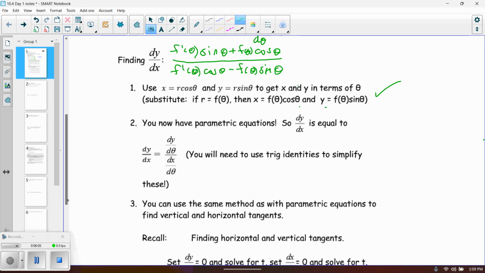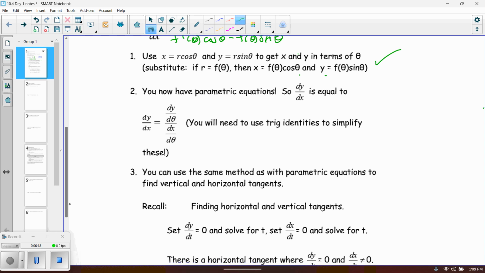It says in number 2, basically the same as parametrics. I've kind of already gone over that stuff. You can use the same method as with parametric equations to find vertical and horizontal tangents, meaning if you want something to have a horizontal tangent, that means that the numerator of your derivative needs to be 0 without the denominator being 0. So you would set dy over dt equal to 0.